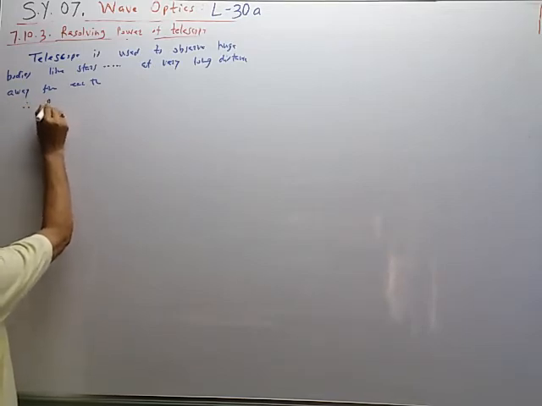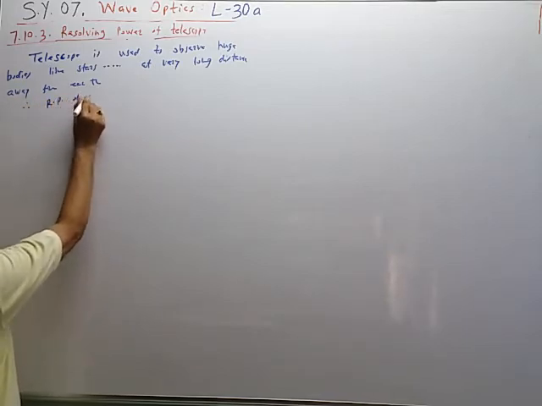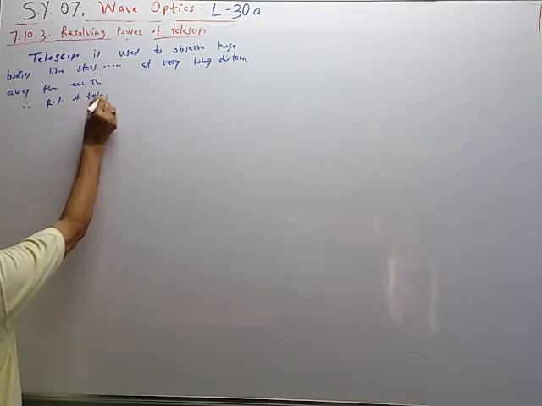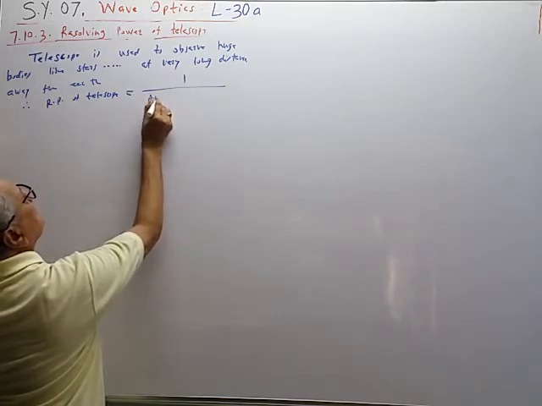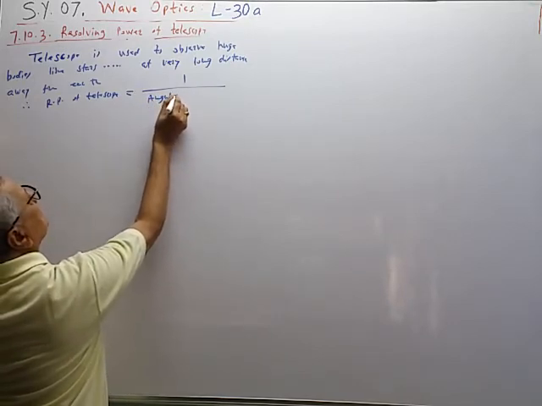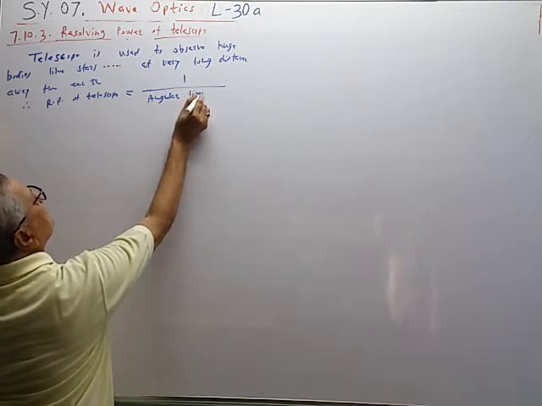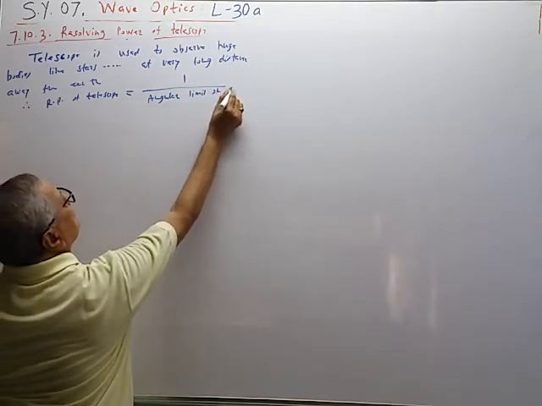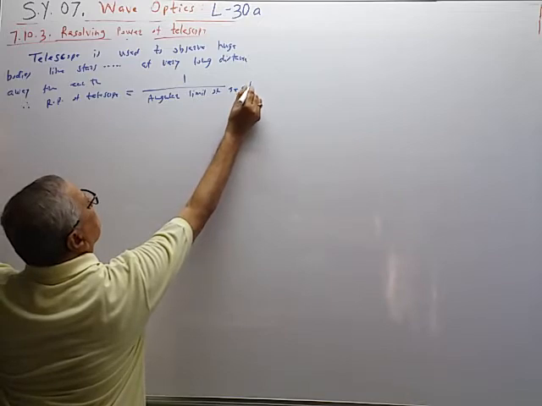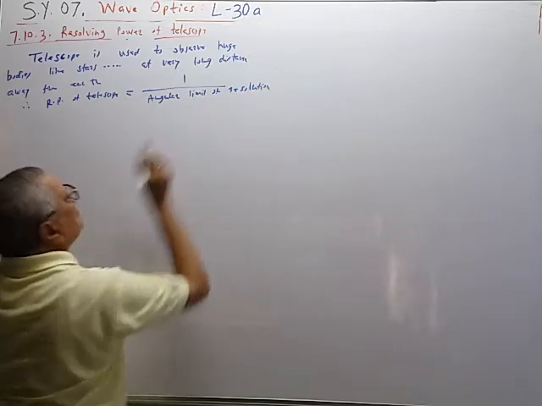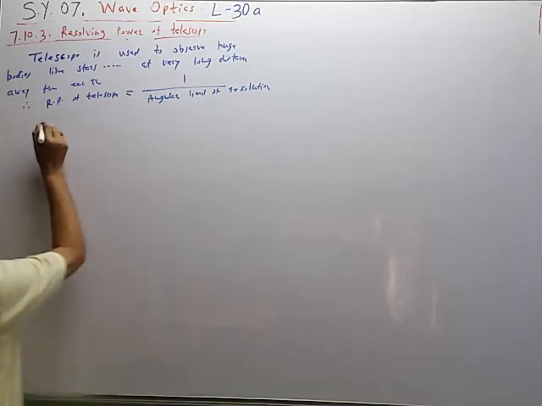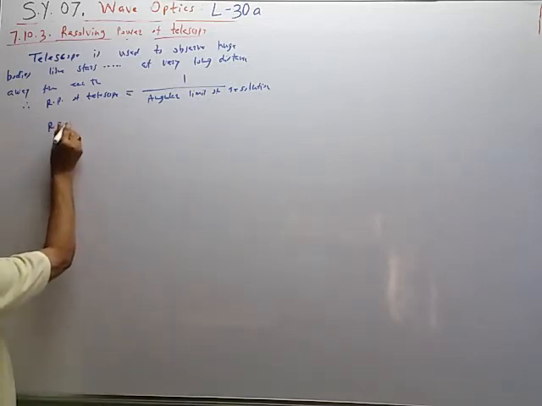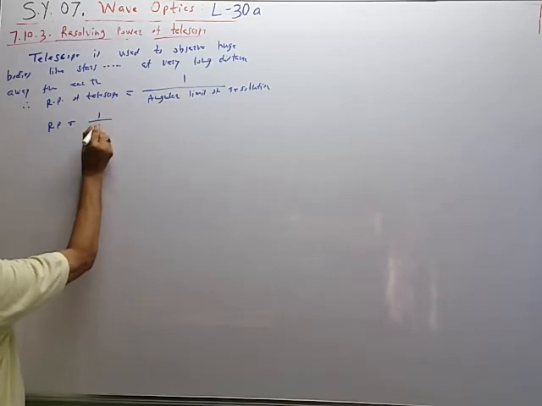Therefore, the resolving power of telescope is 1 upon the angular limit of resolution. Angular limit of resolution. So therefore, RP is equal to 1 upon theta.